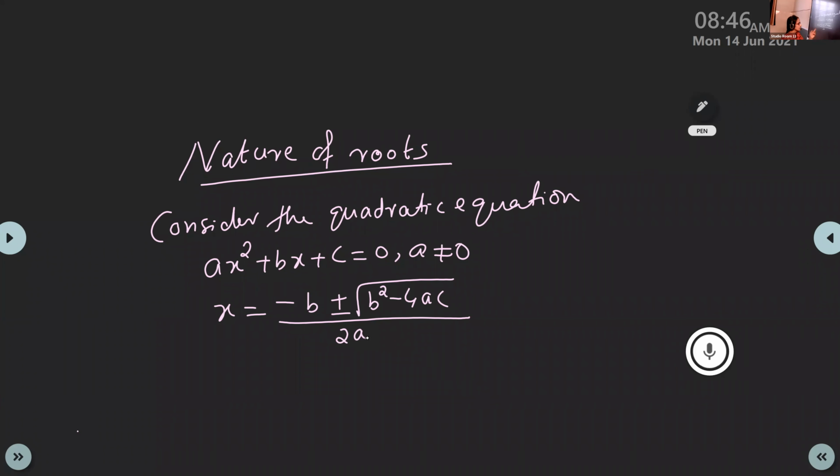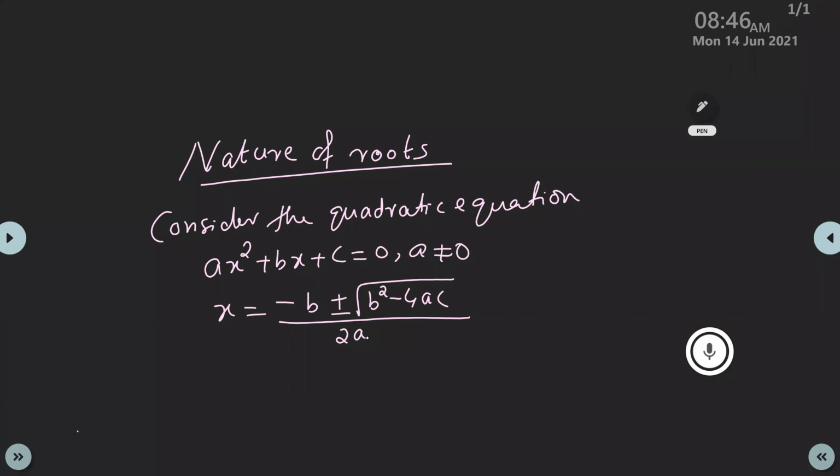So x equal to minus b plus or minus root of b square minus 4ac whole divided by 2a is the quadratic formula. To get the roots of the quadratic equation ax square plus bx plus c equal to 0.